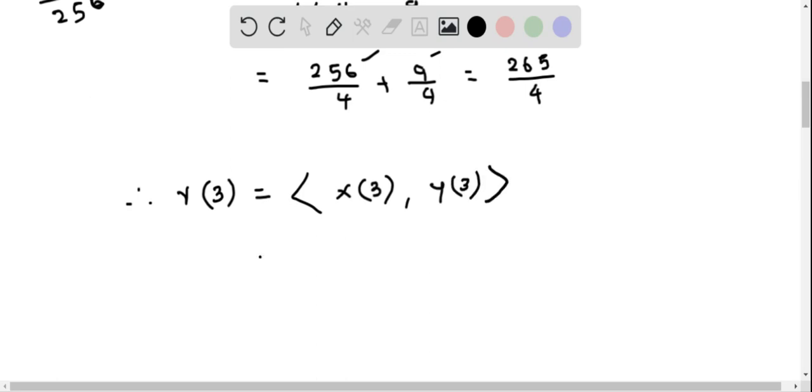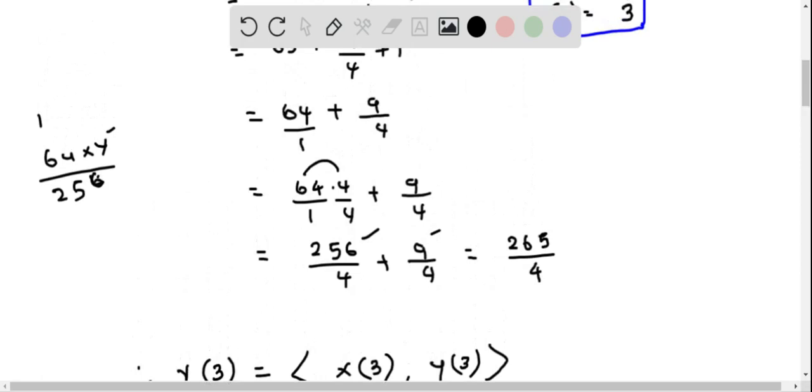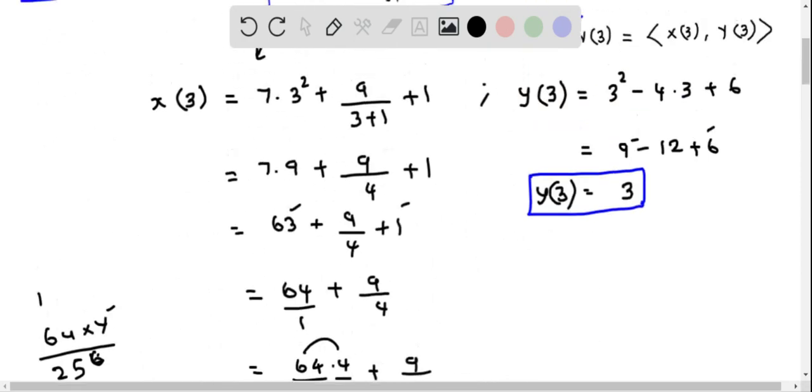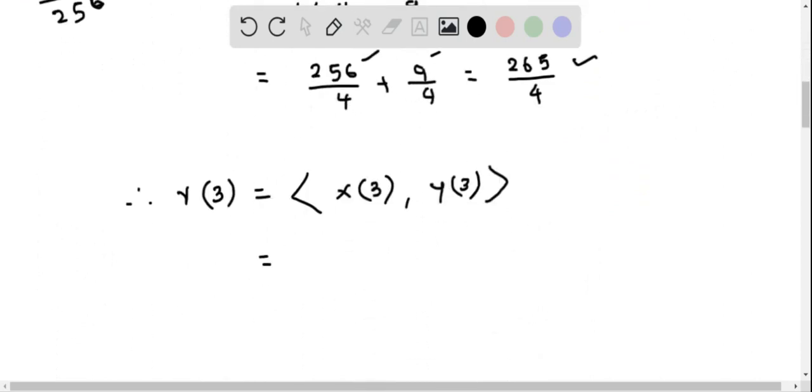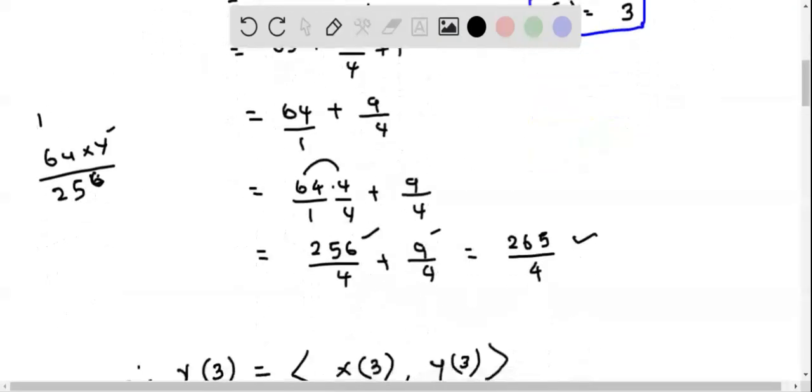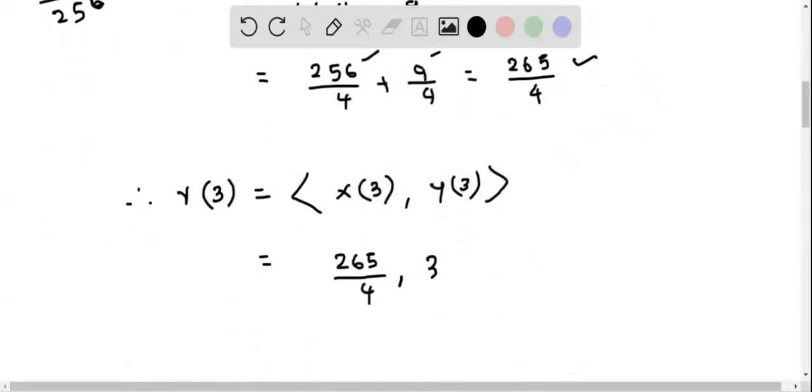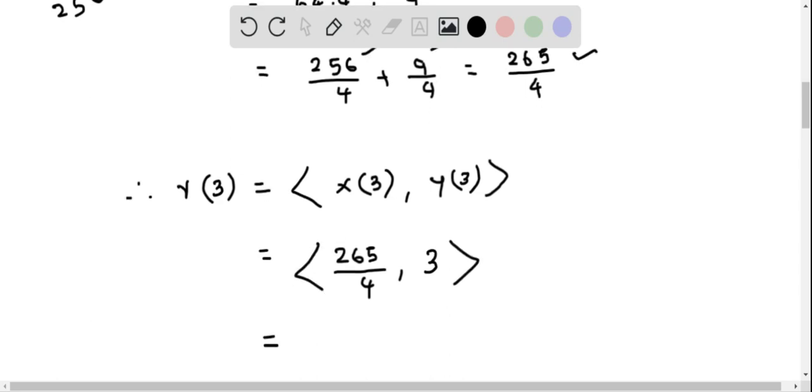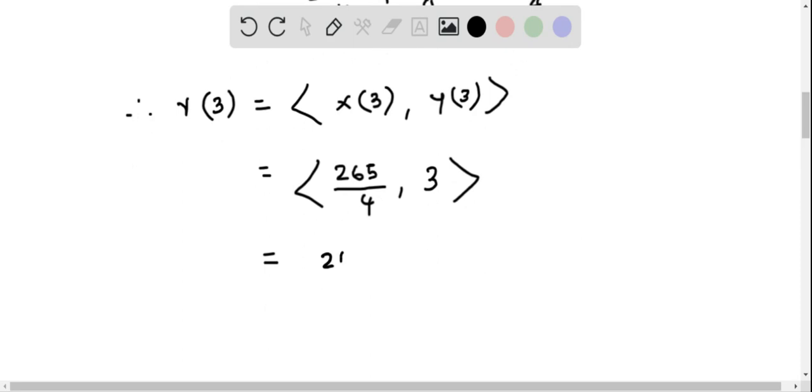And we have already determined x of 3, that is 265 by 4, comma y of 3 we have determined as 3. Let's write this in vector form. So this is 265 by 4 i vector plus 3 j vector.